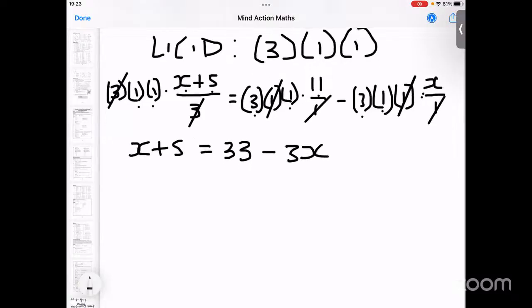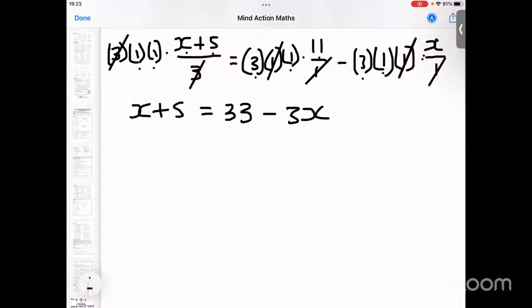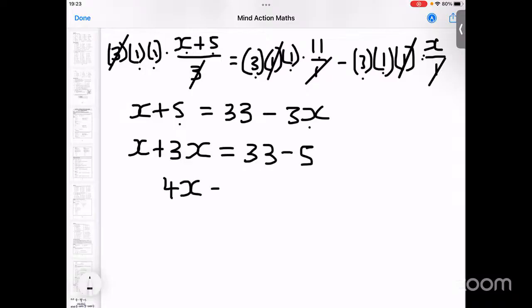Trust me, Langlihle, once you've done that step, everything becomes easier because you just want to have all the letters on one side, meaning this goes to the other side. So you've got x plus 3x equals 33. It's only this one that goes to the other side, that's why it changes the sign. So you now have 4x equals 33 minus 5, which is 28.